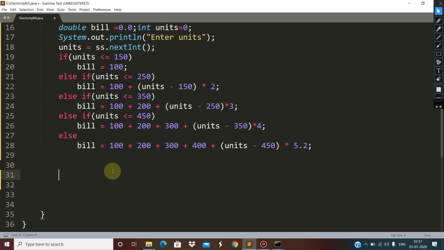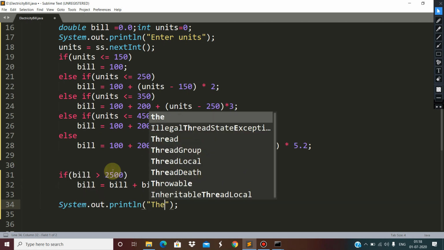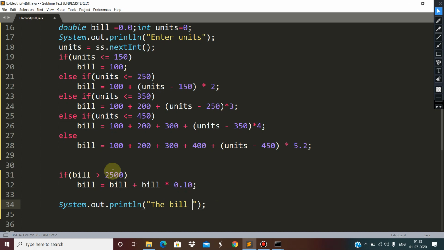And now one more thing we have to check: if the bill exceeds rupees 2500, then extra surcharge of 10% will get added. So how to write? It is bill plus bill into 0.10. This is the extra surcharge. So now the bill is the final amount actually.